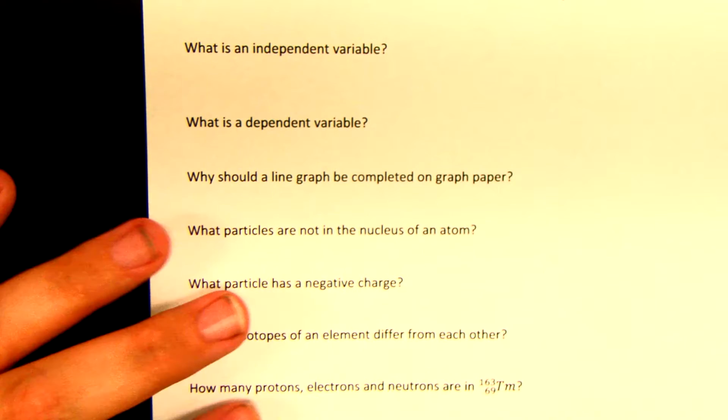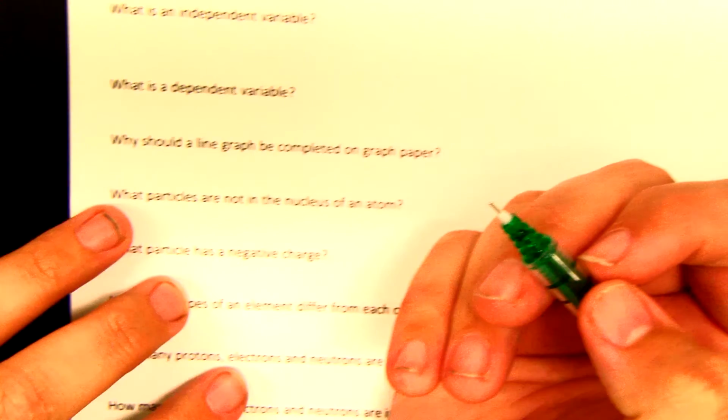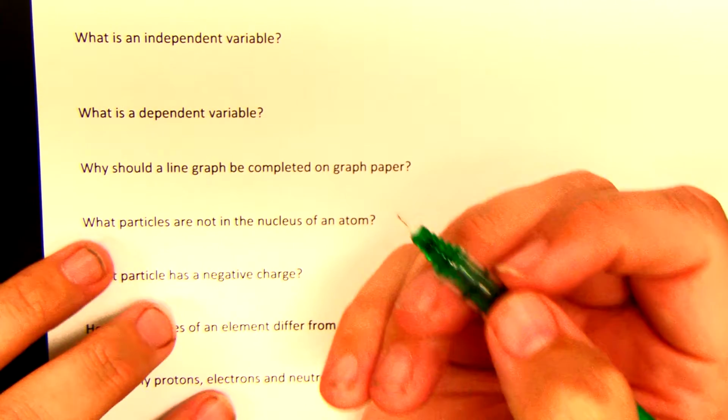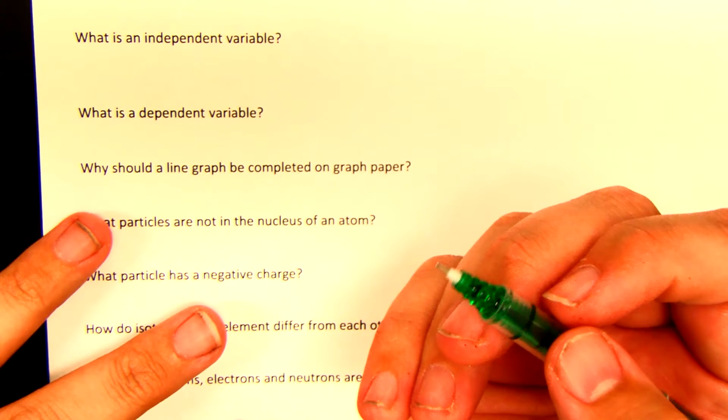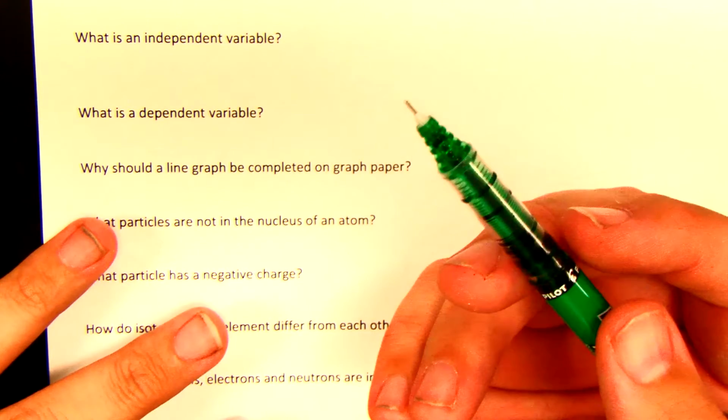But for the independent variable, when you think about independent and dependent variables, we're talking about control. What does the scientist have control over, and what can the scientist only watch and record?